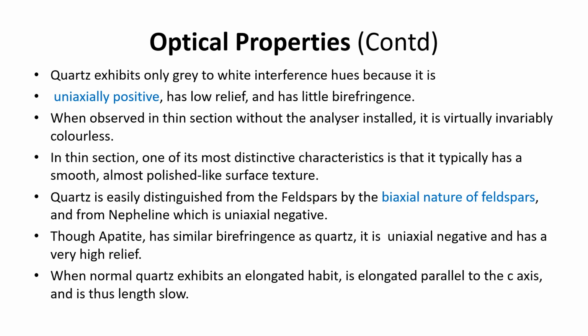Apatite, a phosphate mineral, has a similar birefringence to quartz, but it is uniaxial negative and has a very high relief, whereas quartz is uniaxial positive. Normal quartz exhibits an elongated habit, elongated parallel to the c-axis, and thus it is slow in length.